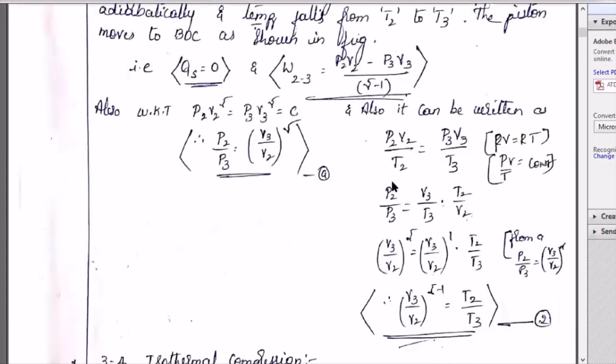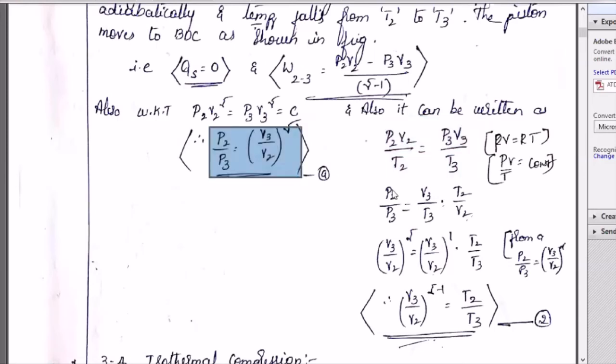Check out how we got this value, V3 by V2 to the power of gamma minus 1. Check out, we have two conditions: P2 V2 to the power of gamma is equal to P3 V3 to the power of gamma is equal to constant, and one more condition, P2 V2 divided by T2 is equal to P3 V3 divided by T3. Now from this we got the equation P2 by P3 is equal to V3 by V2 to the power of gamma.